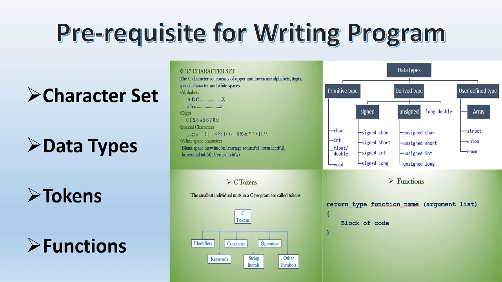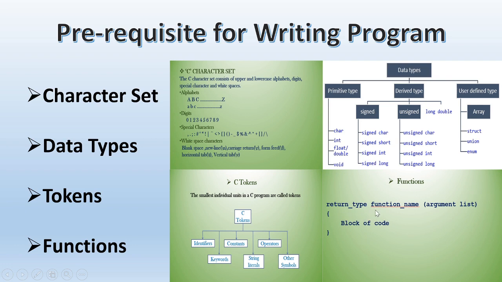Once you are aware of the data types, you know what type of value your function will return. Based on that, you have the return type in the function definition. Declaration of a function is also called prototype. So here the syntax of function definition is shown.